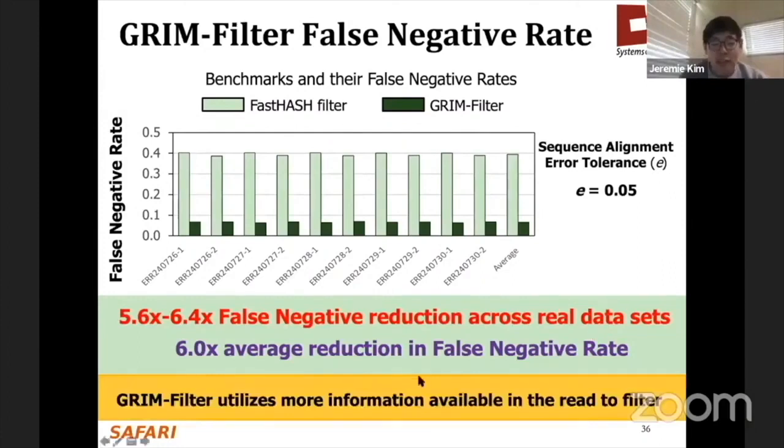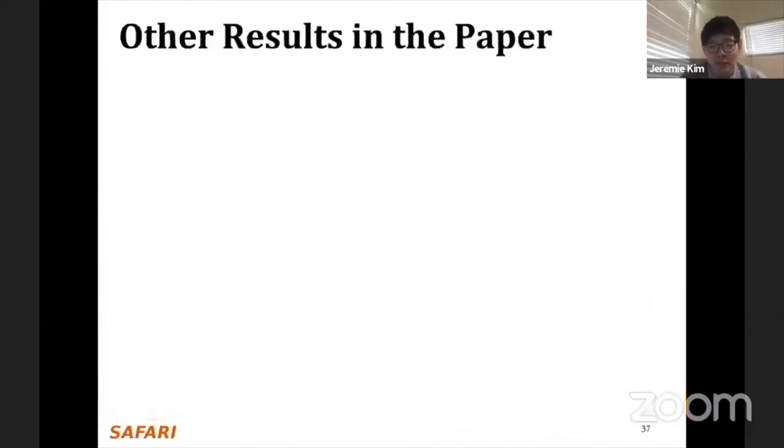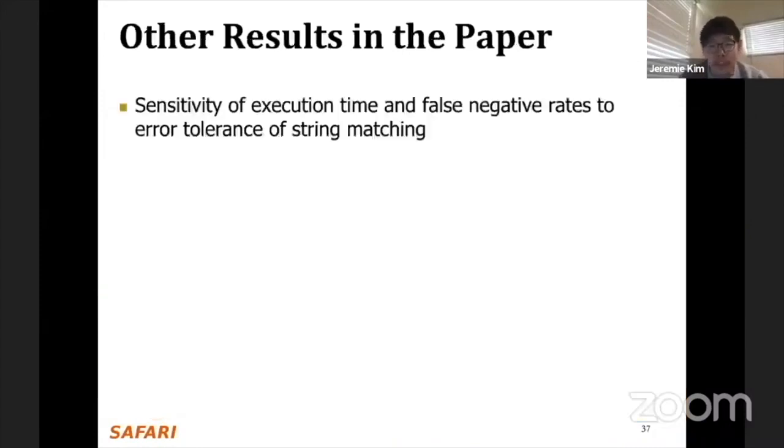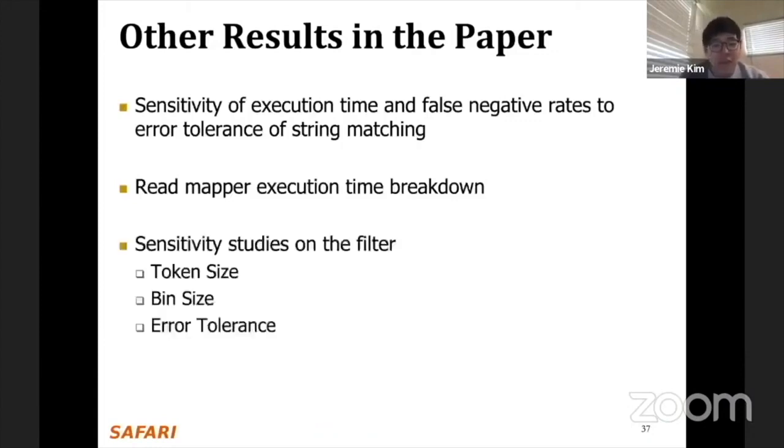Grim-filter utilizes more information available in the read to filter, because we're extracting overlapping tokens, whereas a lot of other approaches don't use the overlapping information, and so throw out a lot of information that might be there. There are a bunch of other results in the paper, such as sensitivity of execution time and false negative rates to the error tolerance of string matching. We look at the read mapper execution time breakdown, and we look at sensitivity studies on the filter for different parameters like token size, bin size, and error tolerance.